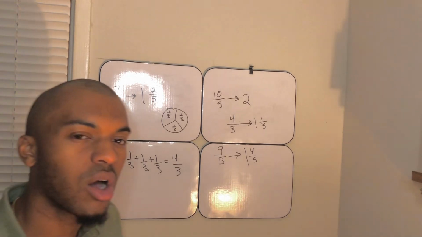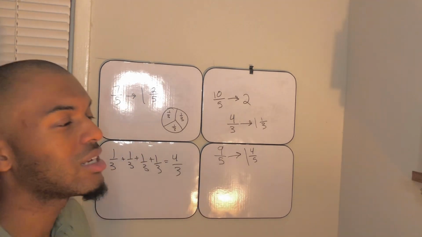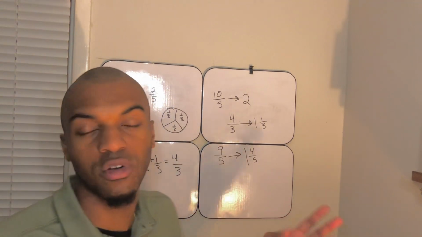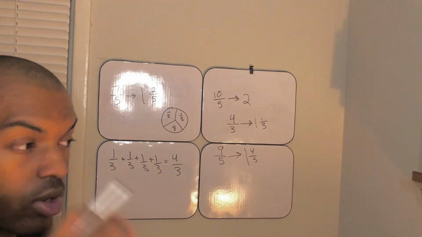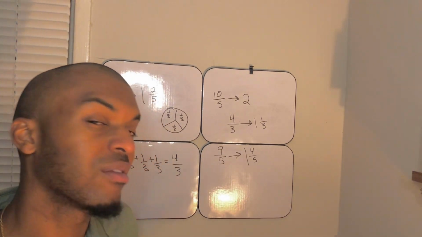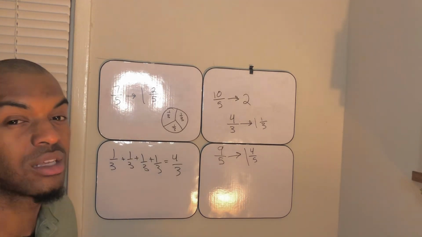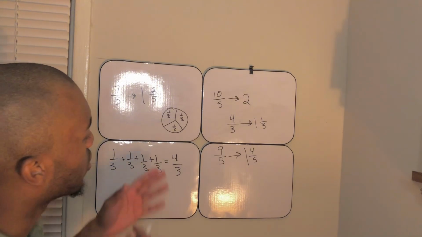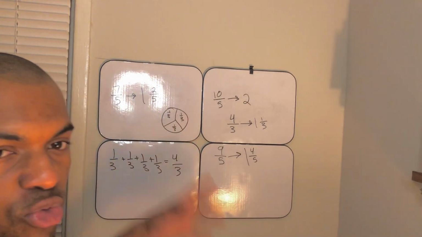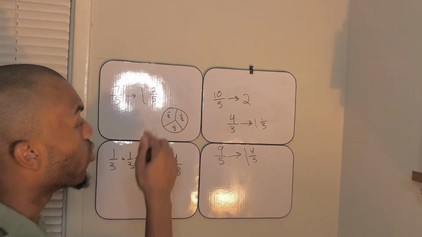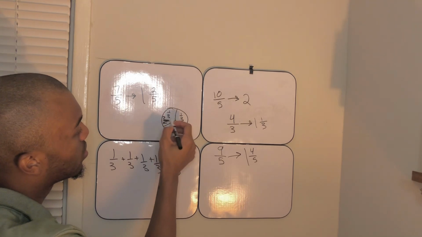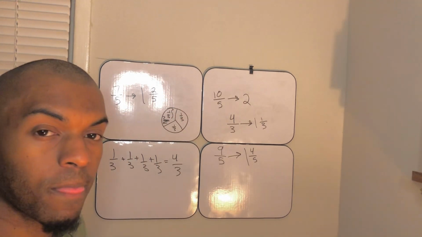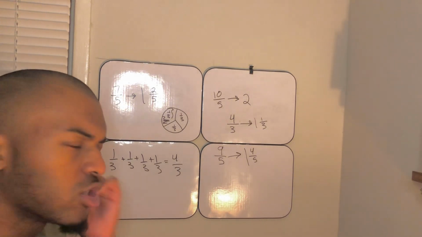Now don't get so caught up in why it is 1/3. We could have done anything. It could have been 1/4 if we cut it up into 4 equal pieces, or 1 over 5 if we cut it up into 5 equal pieces. The numbers don't really matter right now. It's the principle. So we cut our pie up into 3 equal parts. So 1 part is 1/3 because it's 1 out of 3, correct?